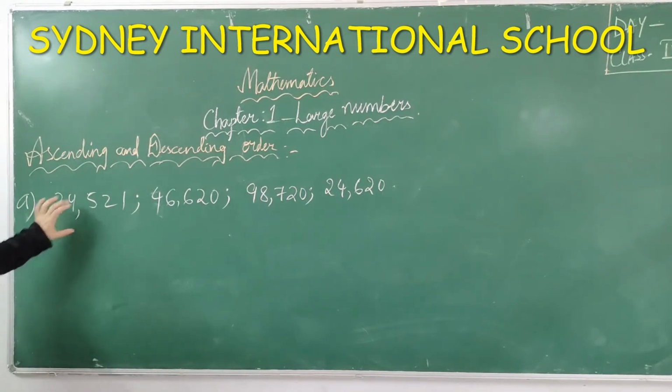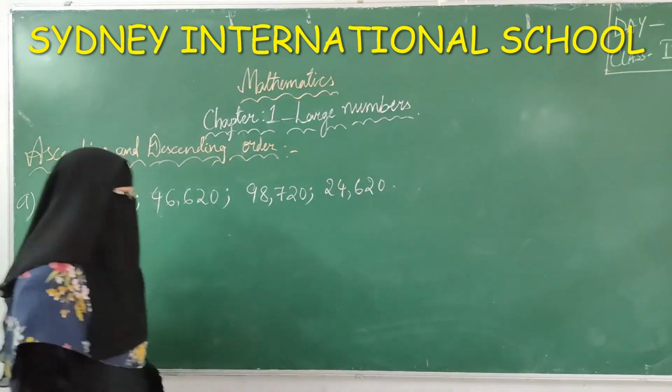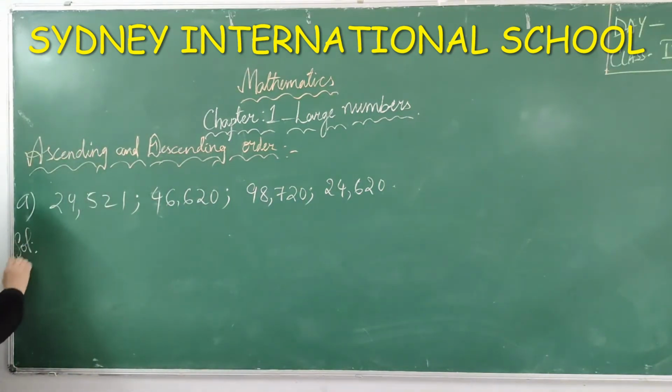How many numbers have I taken? 1, 2, 3, 4 numbers I have taken. Let's arrange in ascending and descending order.